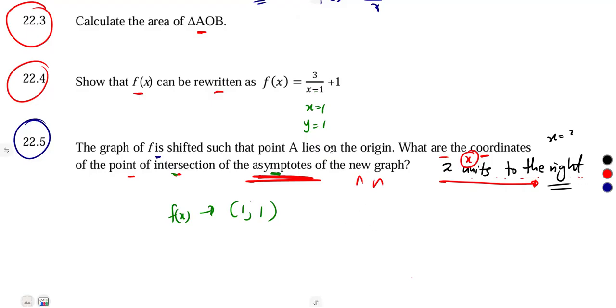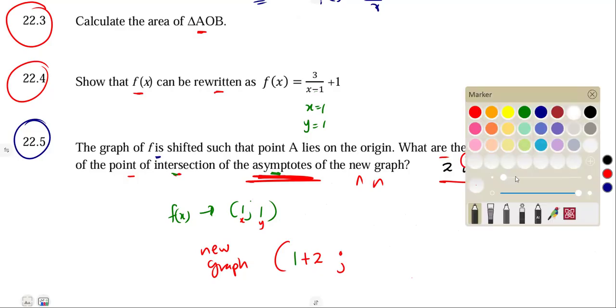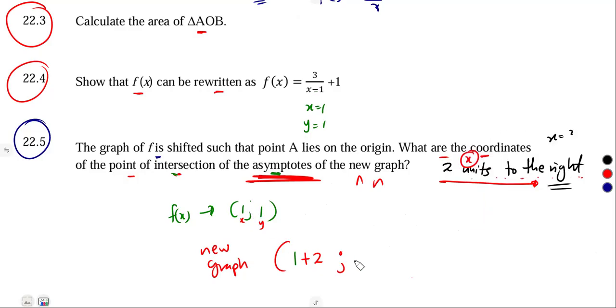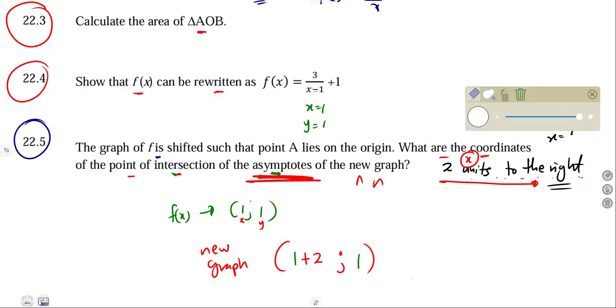So for the new graph, the point of intersection of the asymptotes, we are simply going to affect the x value. It was a 1 from the original graph of f of x, but now it has moved 2 units to the right, so we add 2 on that value, whereas our y value is not affected. Y is 1. It is the x that is affected.